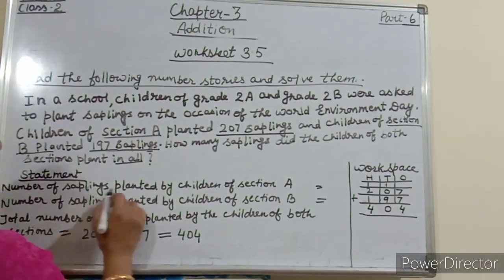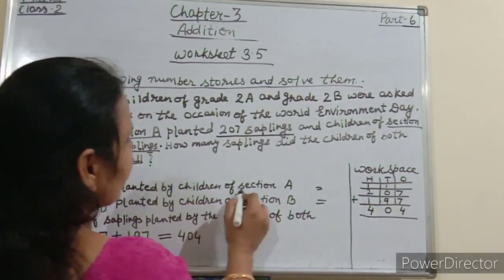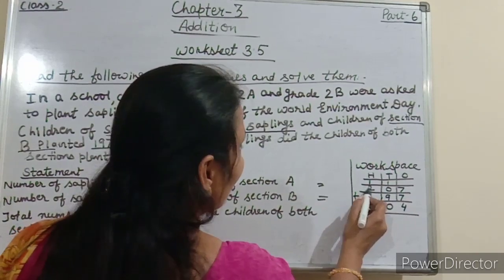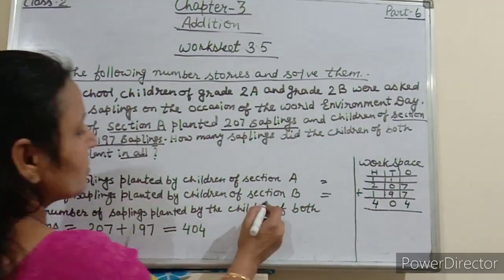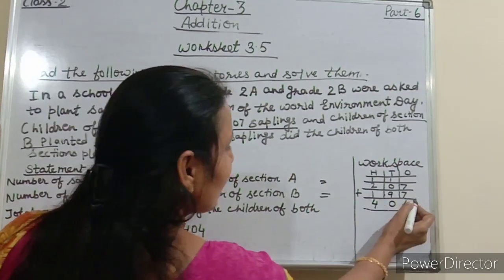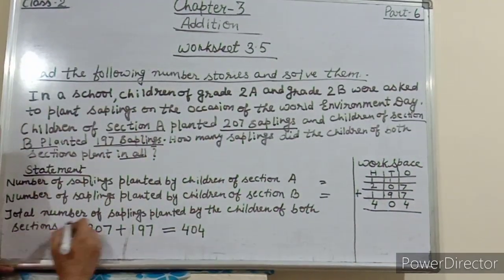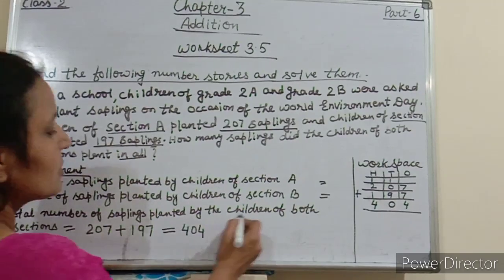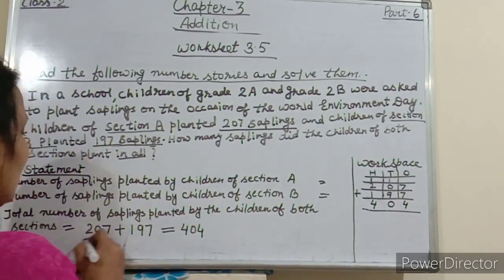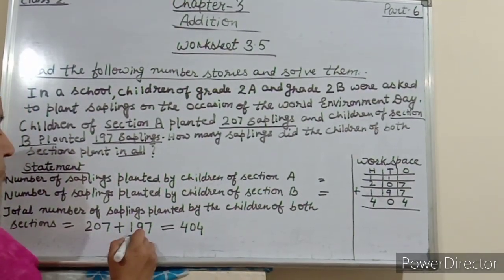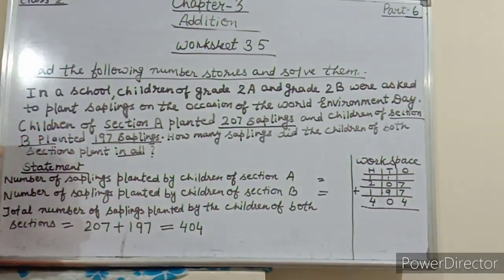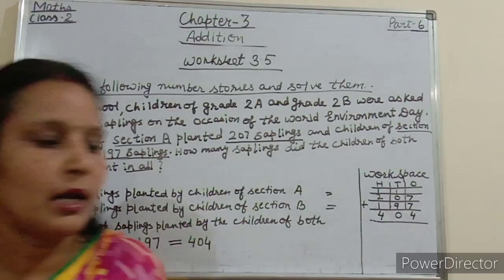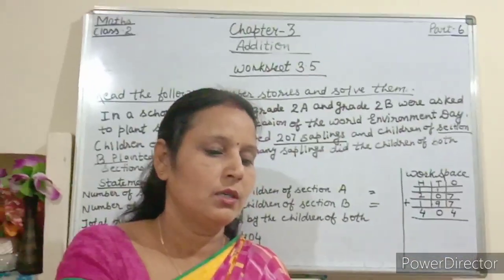See students, number of saplings planted by children of section A is 207. Number of saplings planted by children of section B is 197. Total number of saplings planted by the children of both sections, 207 plus 197, is equal to 404.